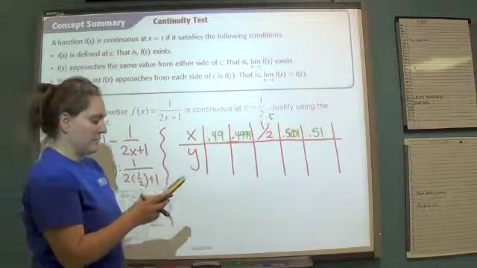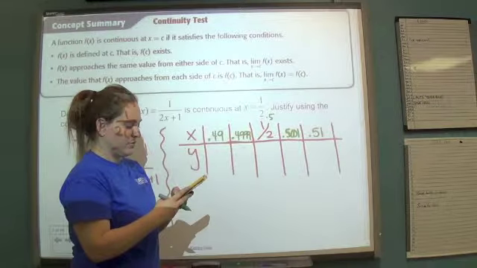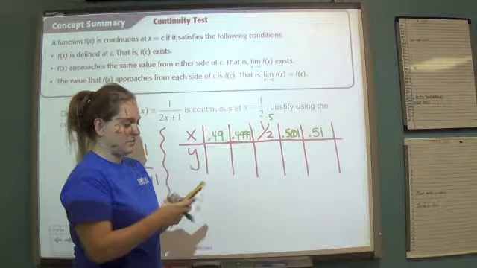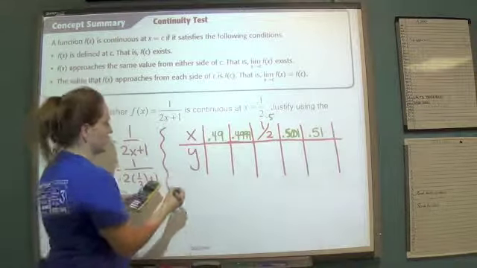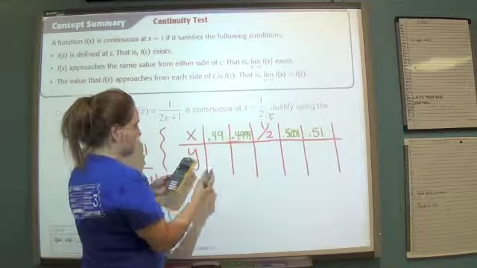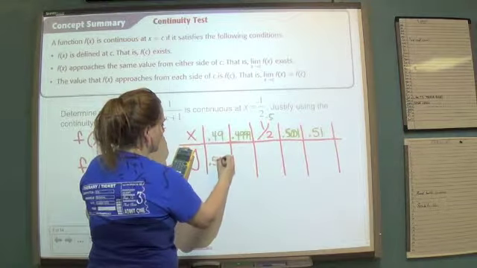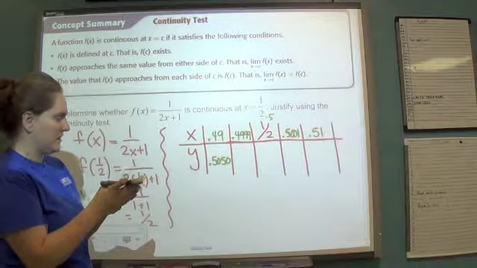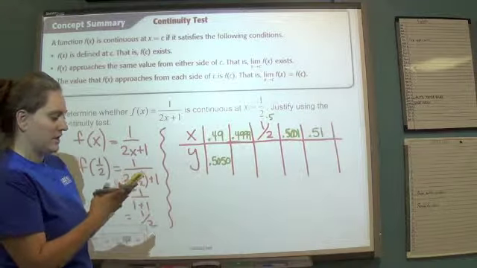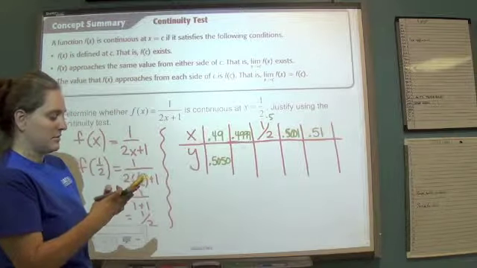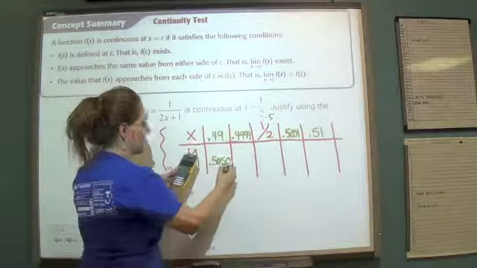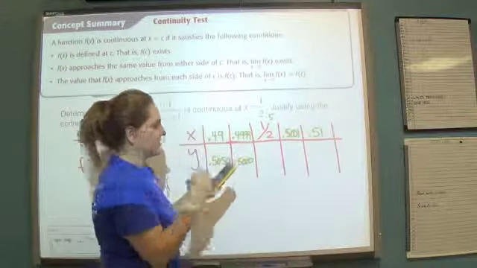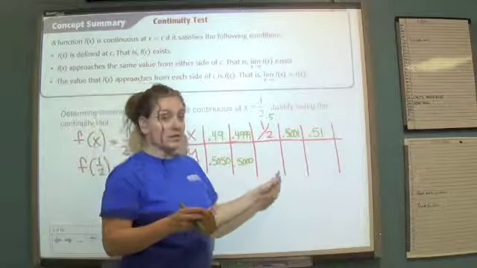Okay, so 0.49 for x is going to be 50 over 99, which is 0.5050. Alright, 0.4999 for x is going to be 0.500000, and then all of a sudden a 5 pulls up. Don't plug in the 1/2.